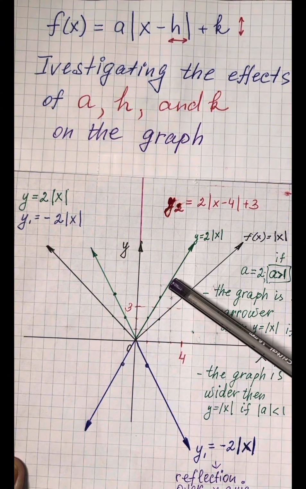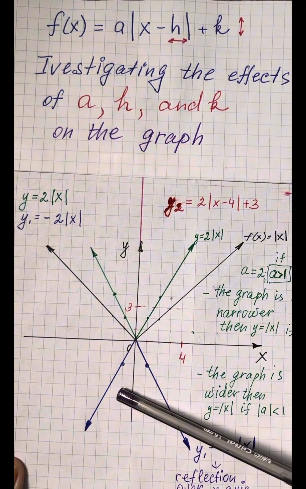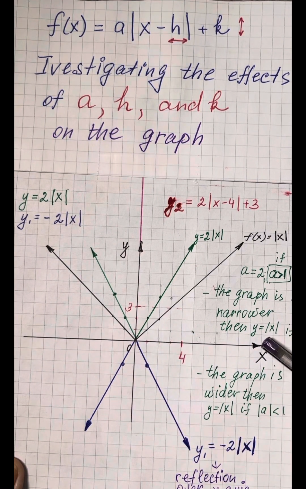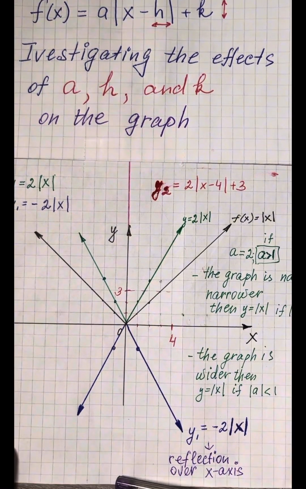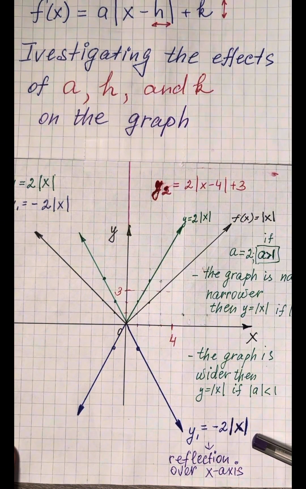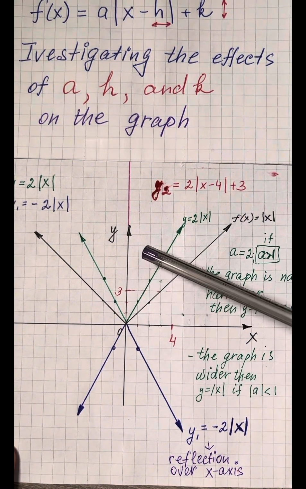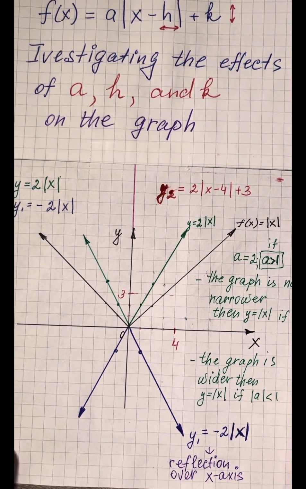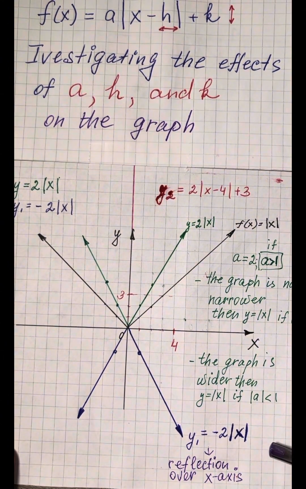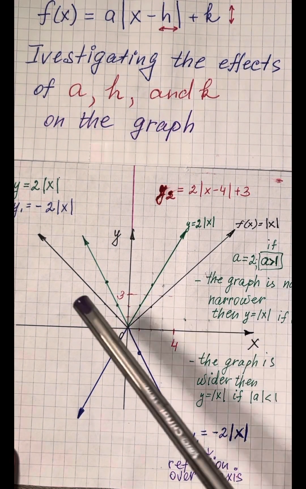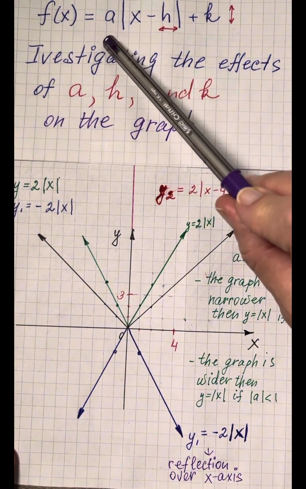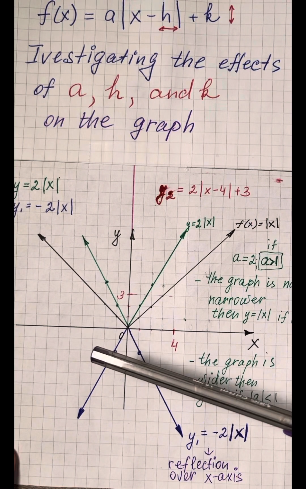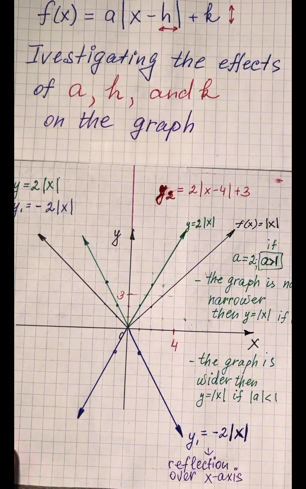What we see is that it is flipped over the x-axis, or we name it a reflection over the x-axis. We just flip it, right? So that's another thing we just learned: if a is negative, we're flipping the graph over the x-axis.